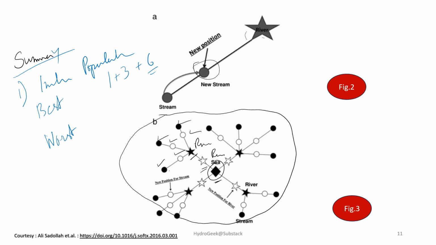And then the value of x for which y is best will be the C, followed by 3 rivers according to rank 2, 3, 4. This is x1, and then x2, x3, x4 will be the rivers, and from x5 to x10 will be the streams.